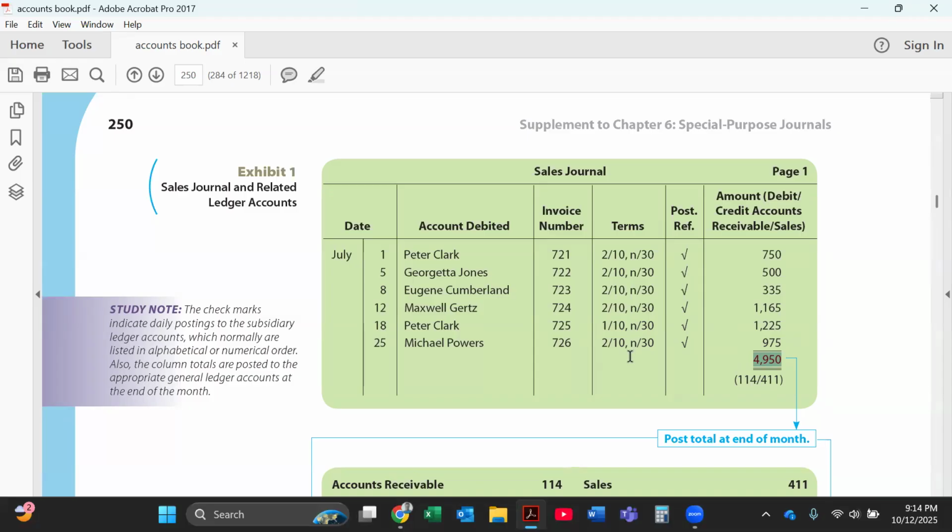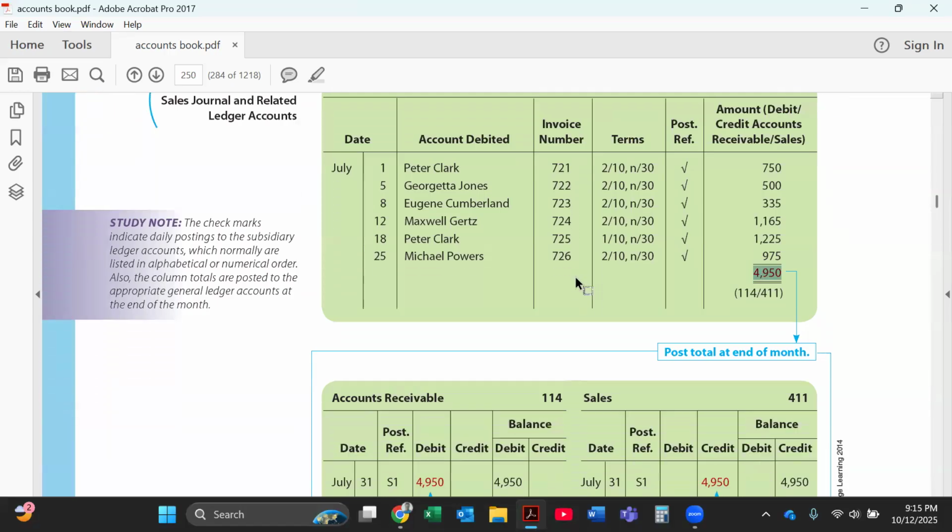We could also see that in our sales ledger, but our sales ledger doesn't give us this level of detail. It'll pretty much just give us the date, the reference, and the debit and credit amounts, but we wouldn't know who those sales are for, the invoice numbers, and the terms given. Therefore the sales journal gives you more specific information about sales.